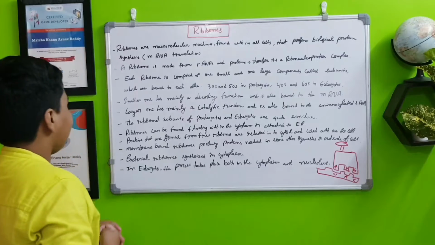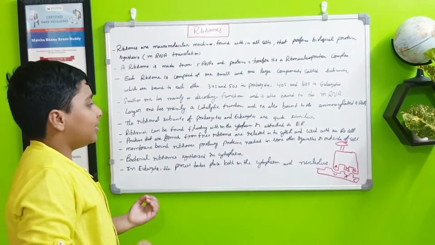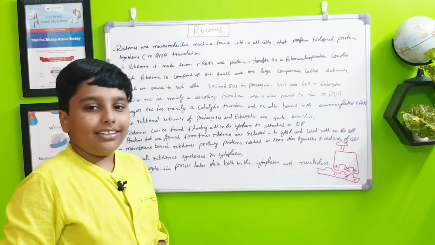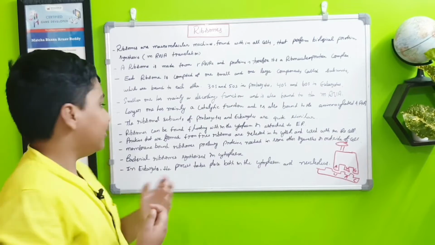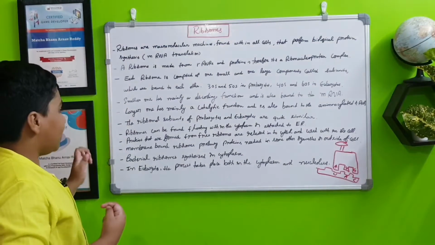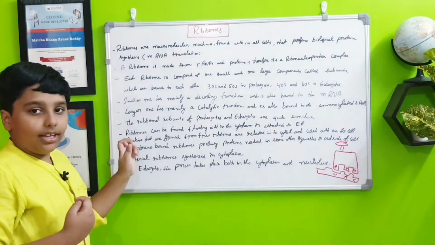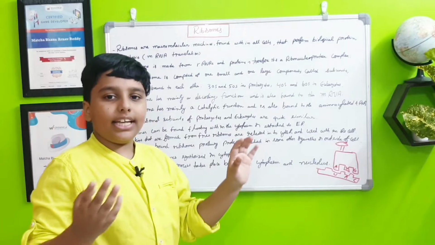Okay, the ribosomal subunits of prokaryotes and eukaryotes are quite similar, with the big difference being only the size, which is 10S. Ribosomes can be found floating within the cytoplasm or attached to the ER.